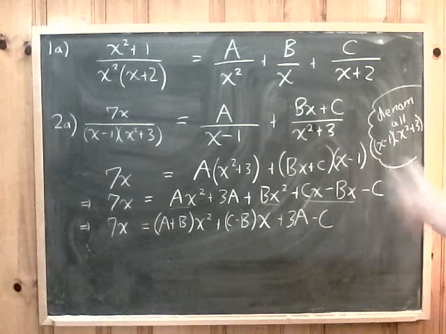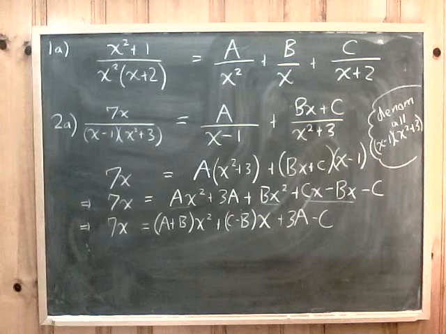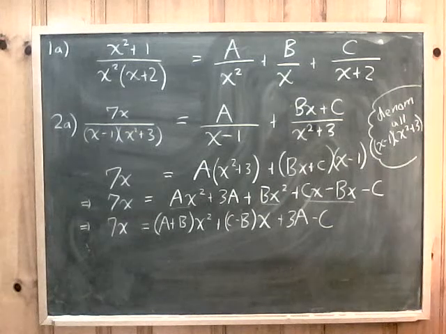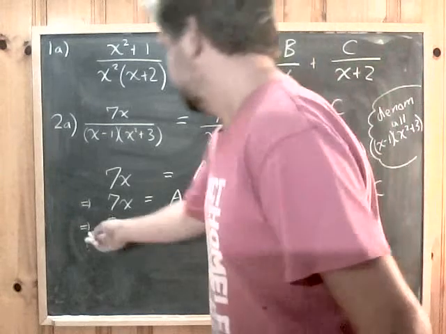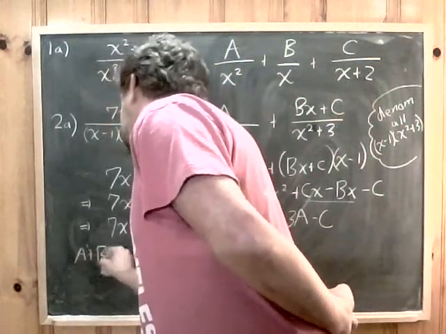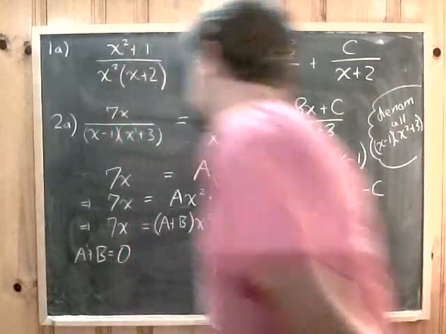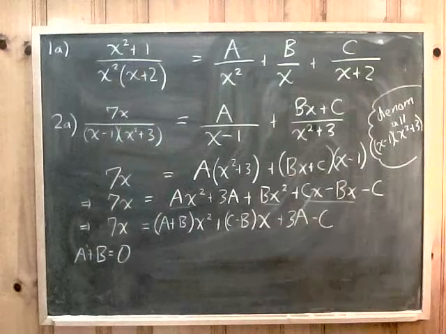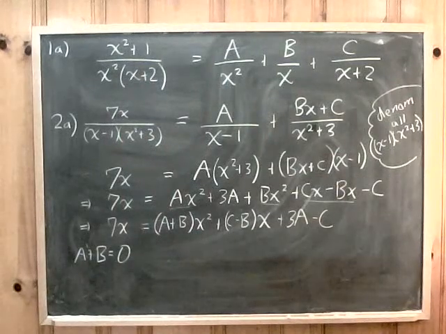All right, now I can compare left to right, and I can set equal the coefficients of like powers. So for x squared, there is no x squared over here. So I get a plus b equals 0. The coefficient on the left-hand side is 0.